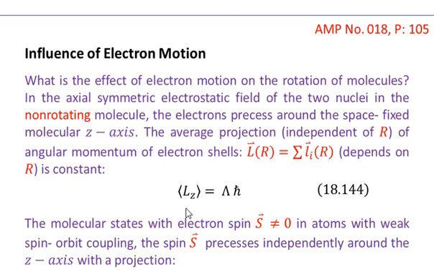And the projection of capital L on the z-axis is given by the average value of Lz, which is equal to capital lambda times h bar. So the projection of capital L onto the z-axis will be represented by capital lambda times h bar. The projection is simply capital lambda, and we multiply it with h bar to give the dimensions of the angular momentum. And on the left hand side we have the average value of the z component of the angular momentum.